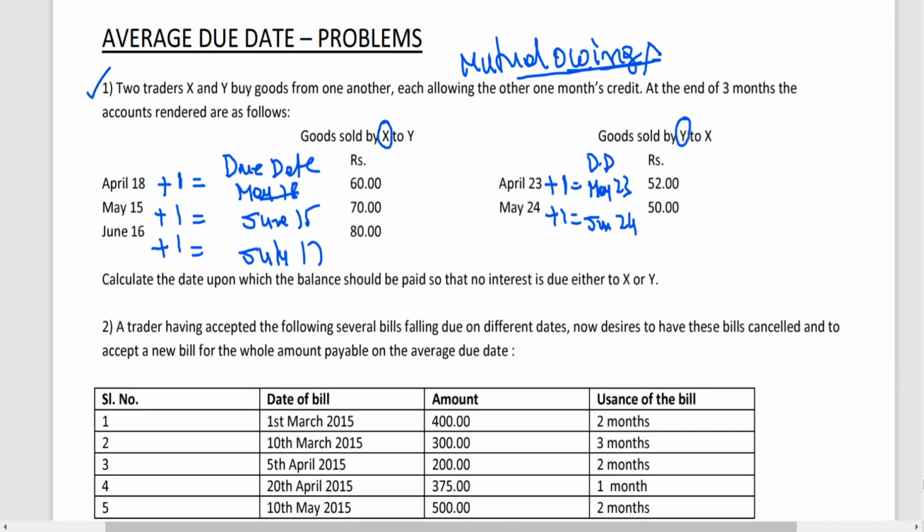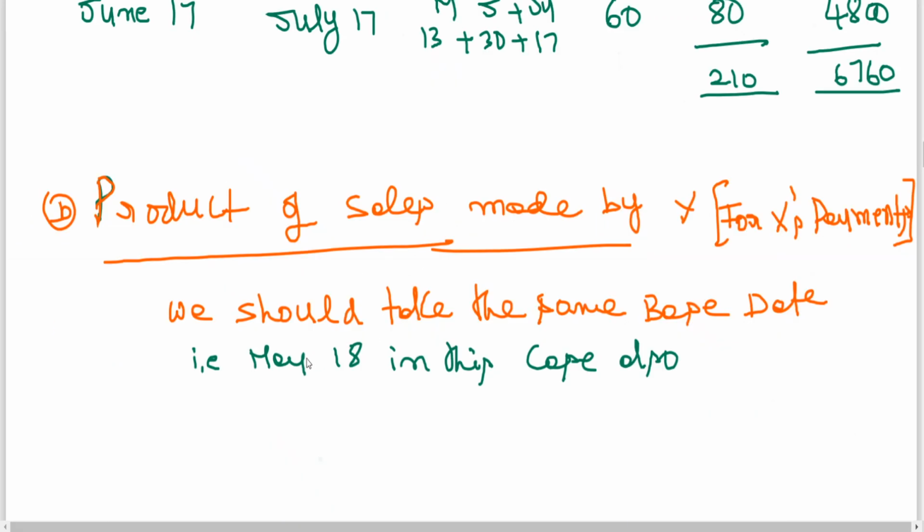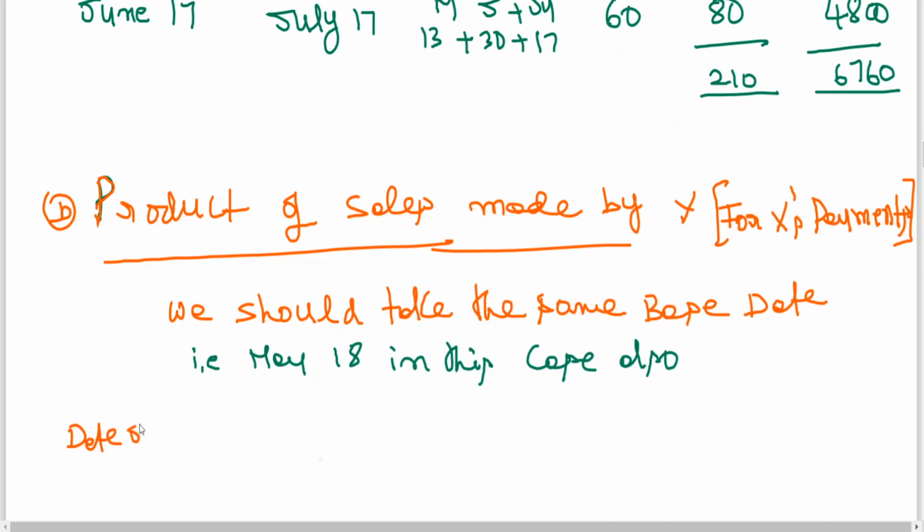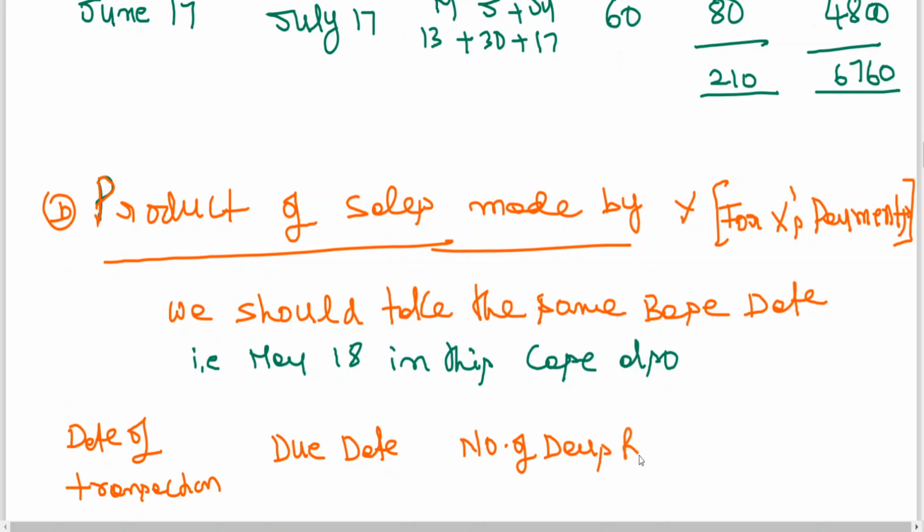April 23. Date of transaction, due date. Then we'll be having number of days from base date.